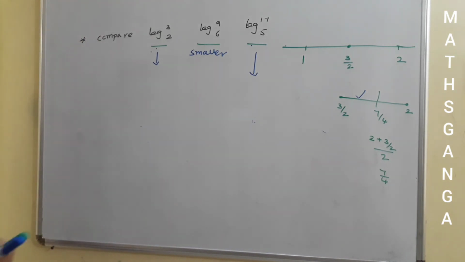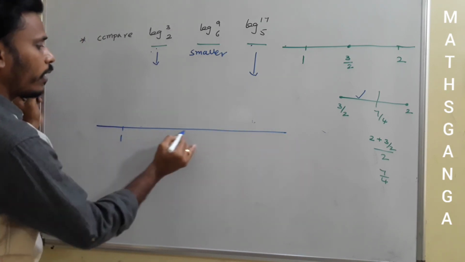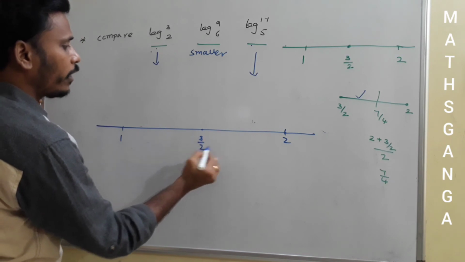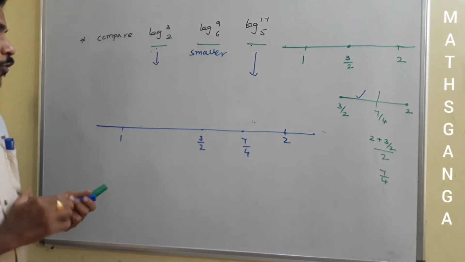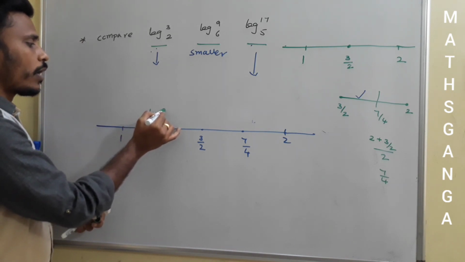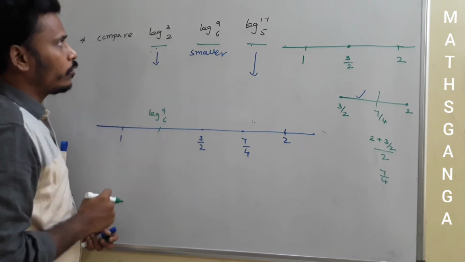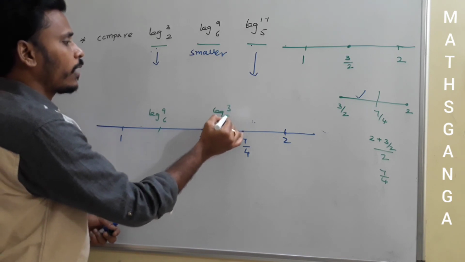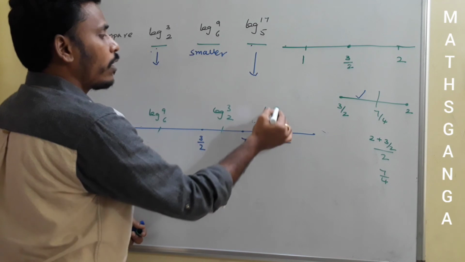So at the end, if you locate all these three numbers on the number line, somewhere we have 1, somewhere we have 2, and in between this 1 and 2 we have 3 by 2, and in between this 3 by 2 and 2 we have 7 by 4. So first of all, log 9 base 6 is in between 1 and 3 by 2 somewhere, and log 3 base 2 is in between 3 by 2 and 7 by 4 somewhere, and then log 17 base 5 is in between 7 by 4 and 2.